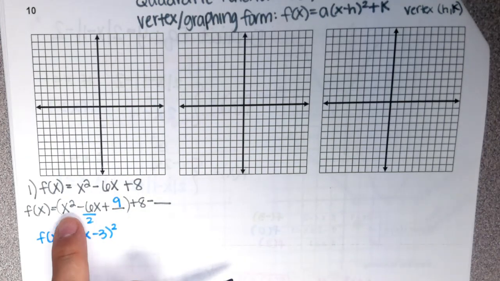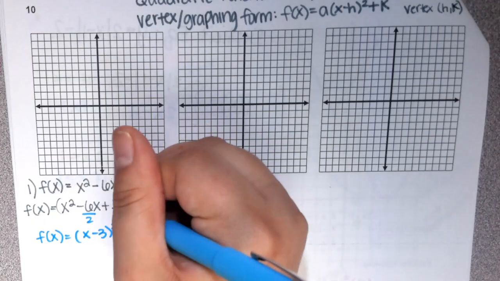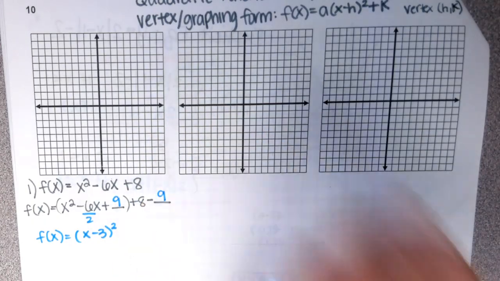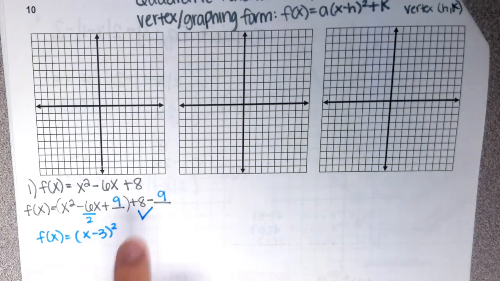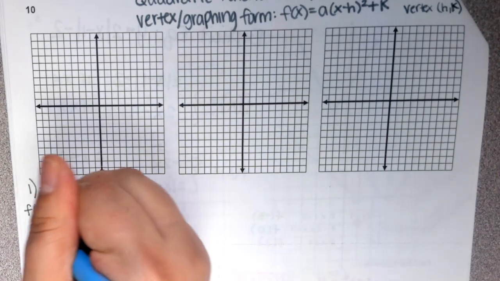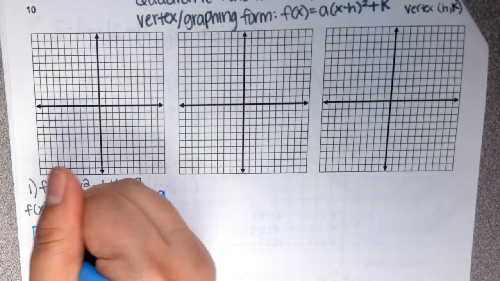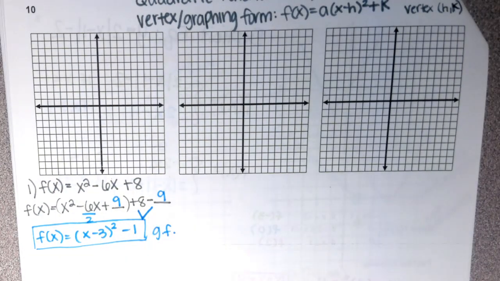Y'all, what this is saying is this right here is equivalent to this right here. And then what you do to one blank, do to the other. And what is 8 minus 9? We have now converted standard form to graphing form.